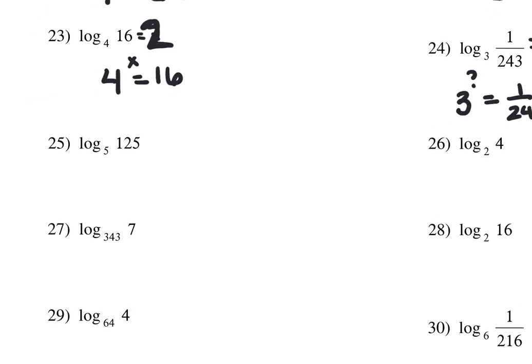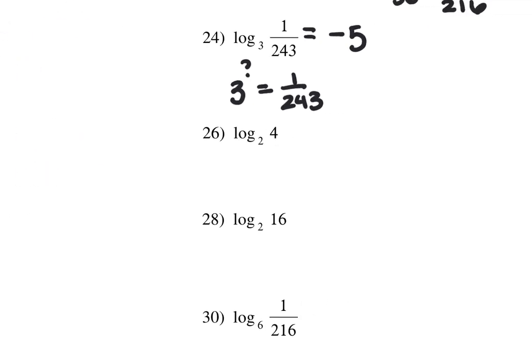Let's look at the next one. We have 5. We grew it. We switched it, 125. And now we're looking for this exponent. And so 5 to what power equals 125? And we get 3.